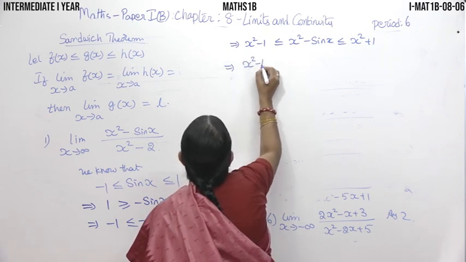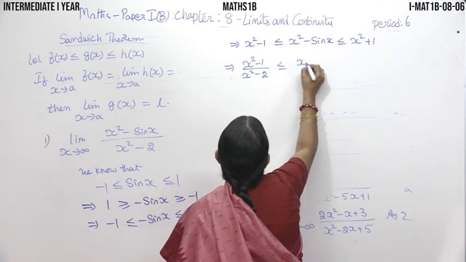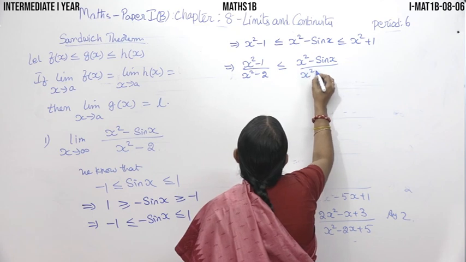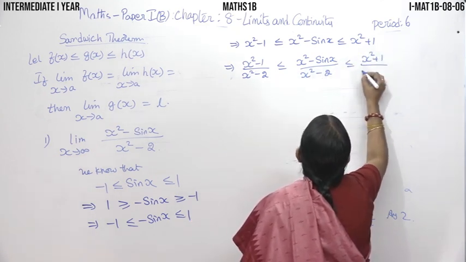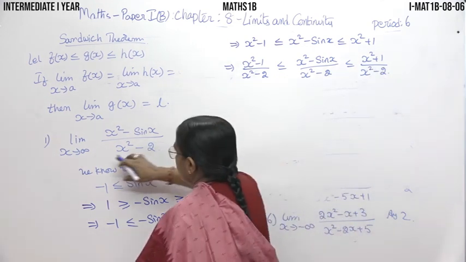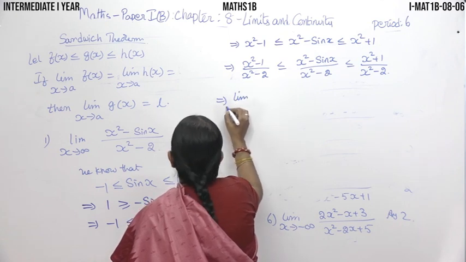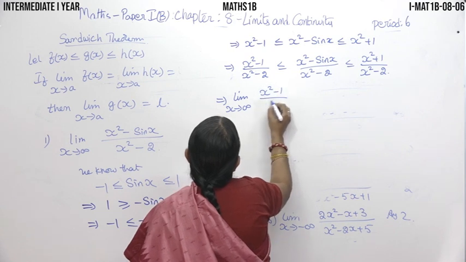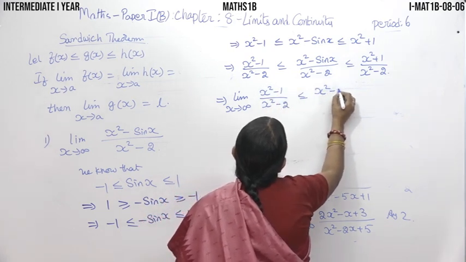So x square minus 1 by x square minus 2 is less than or equal to x square minus sin x by x square minus 2 is less than or equal to x square plus 1 by x square minus 2. Now we will take the limit to the whole inequation.